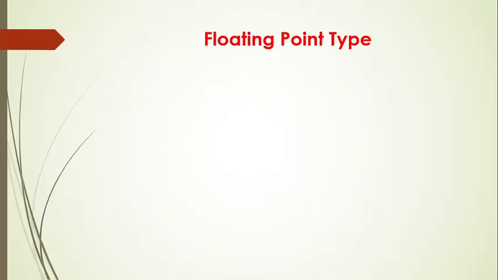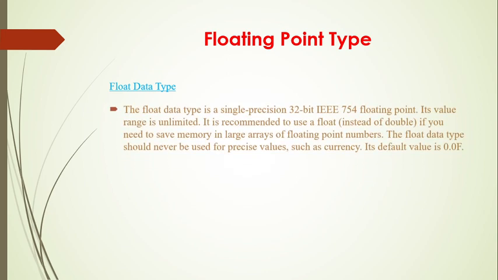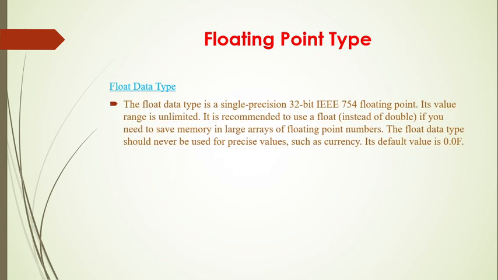So next is the floating point type. First of all, the float data type. The float data type is a single precision 32-bit IEEE 754 floating point. Its value range is unlimited. It is recommended to use a float instead of double if you need to save memory in large arrays of floating point numbers.